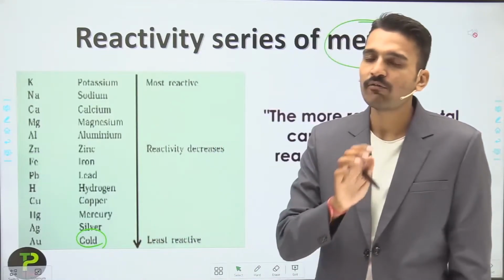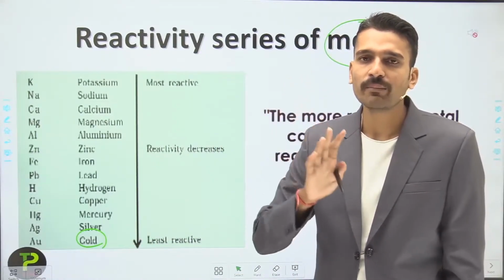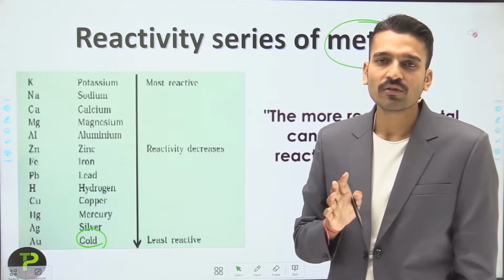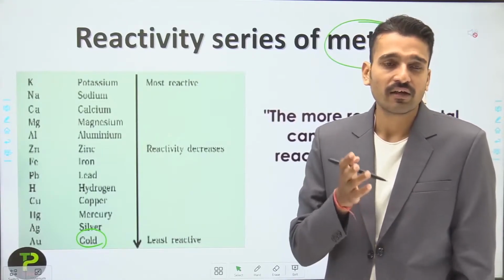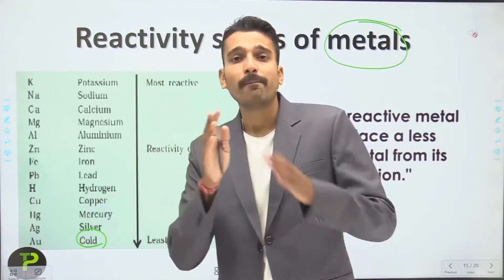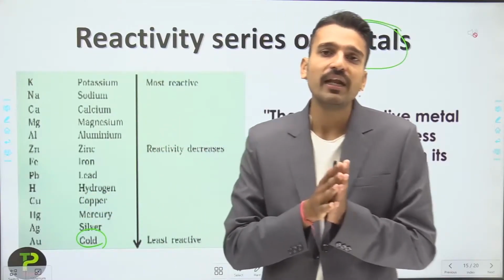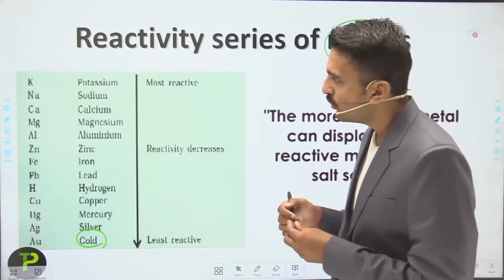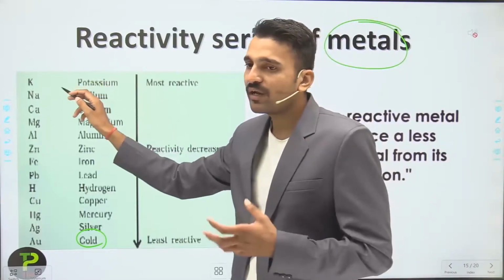Remember one thing, we have not included all the metals that are present on the earth, or that are given in the periodic table. We have only used those metals that we use in our day-to-day life. So potassium is more reactive than sodium.